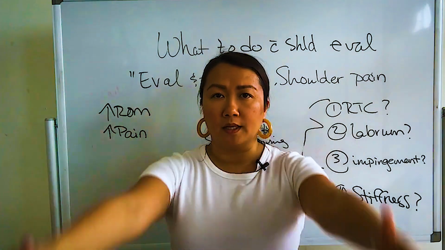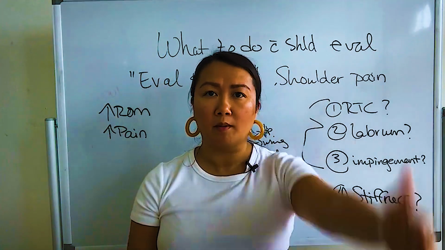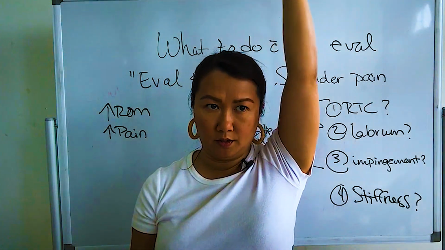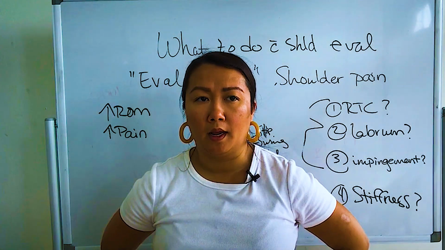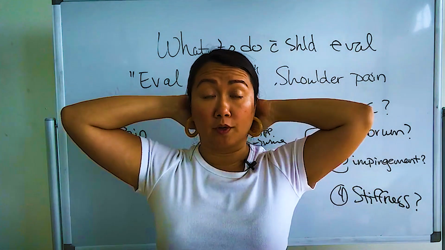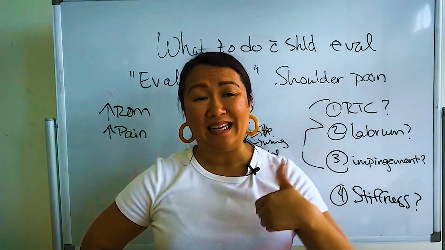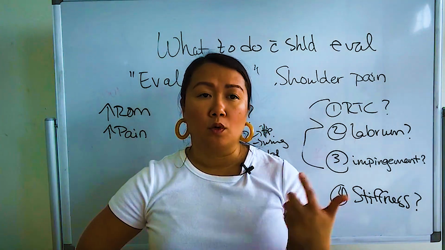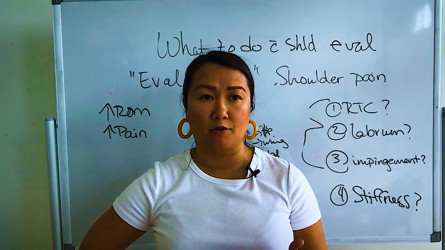So if they say, every time I bring my arm up like that, it hurts, and every time I bring my hand back, it hurts, then you can have them do external rotation, functional external rotation, or functional internal rotation. In internal rotation, as well as just about anything else, you're looking for patterns of movement that are abnormal.